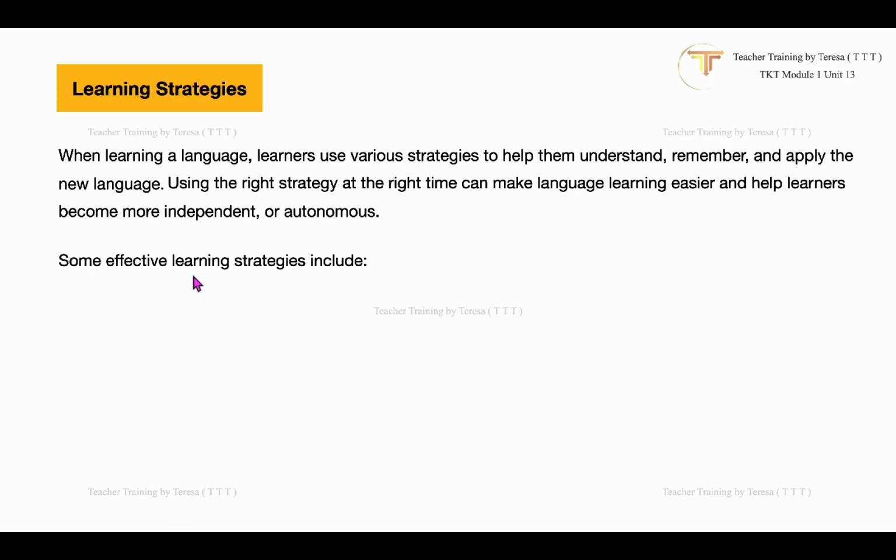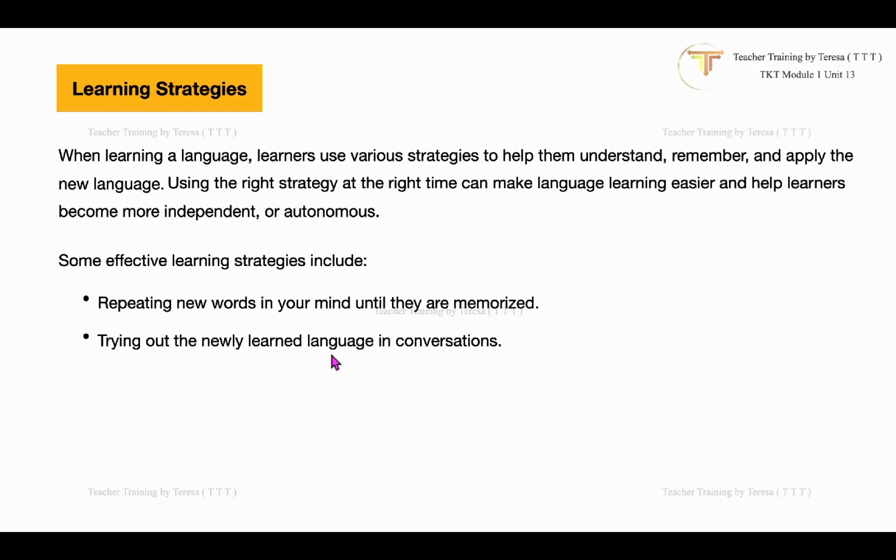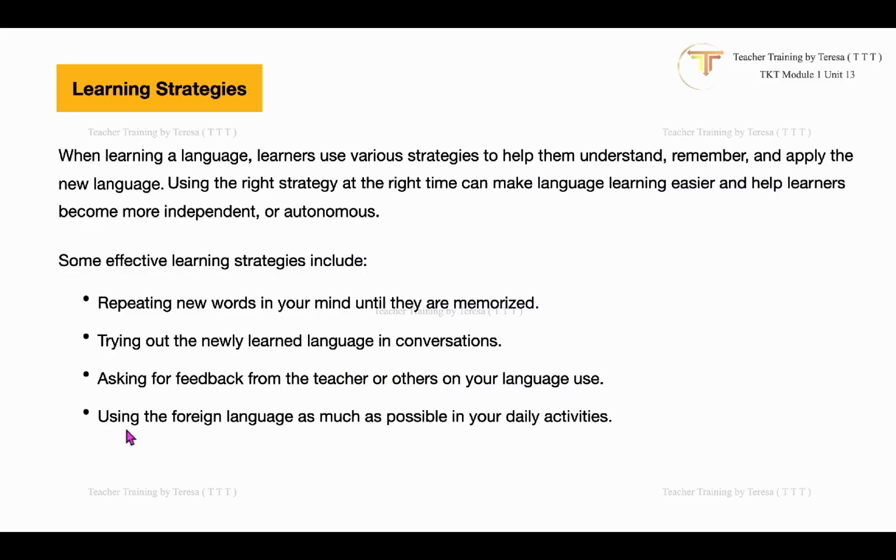Some effective learning strategies include repeating new words in your mind until they are memorized. Trying out the newly learned language in conversations. Asking for feedback from the teacher or others on your language use. Using the foreign language as much as possible in your daily activities.